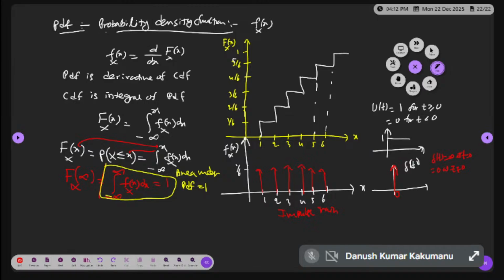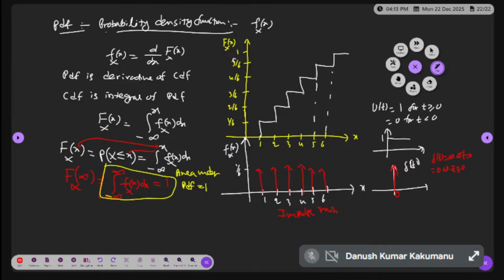What is the nature of this graph? It is continuous. There are a lot of stories behind continuous, and ECE, electrical and instrumentation students will study that in depth. For you, just assume it's a continuous graph.